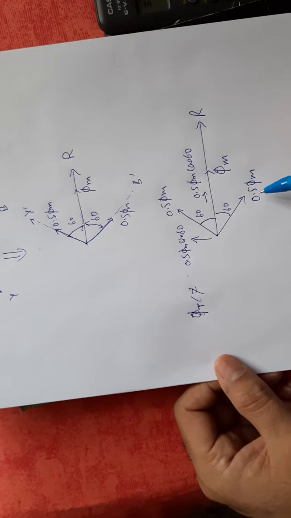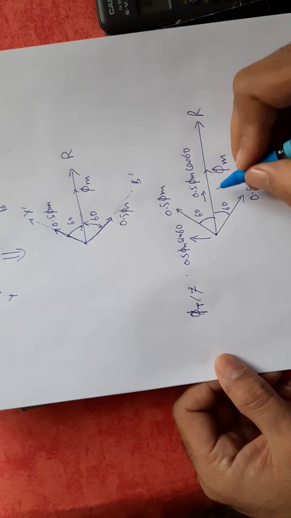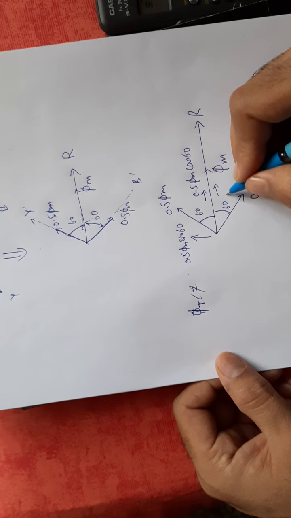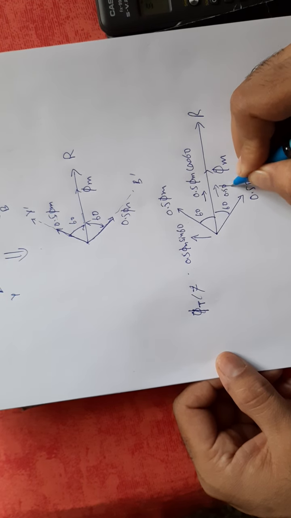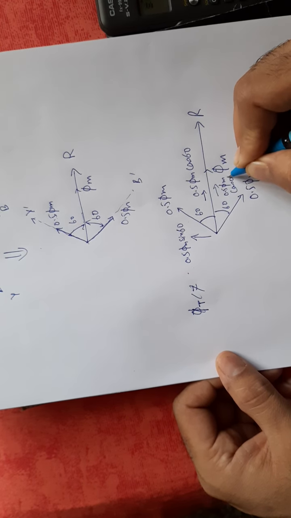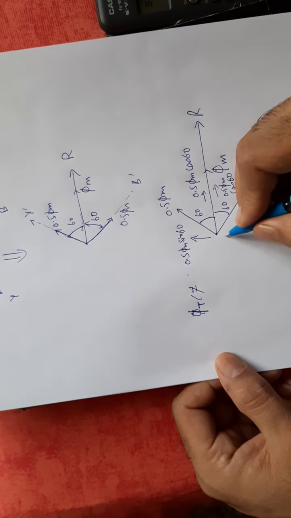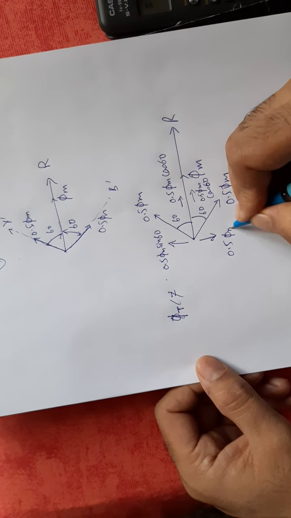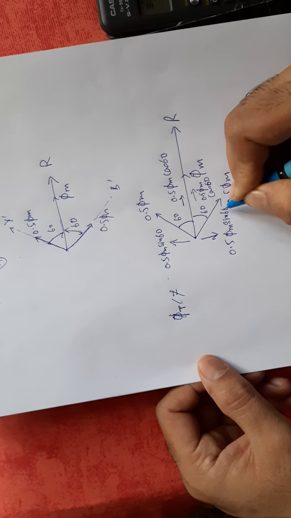Similarly, I will have two components for this 0.5 phi m. One will be in this direction, again 0.5 phi m cos 60, and another in this direction, 0.5 phi m sin 60 degree.